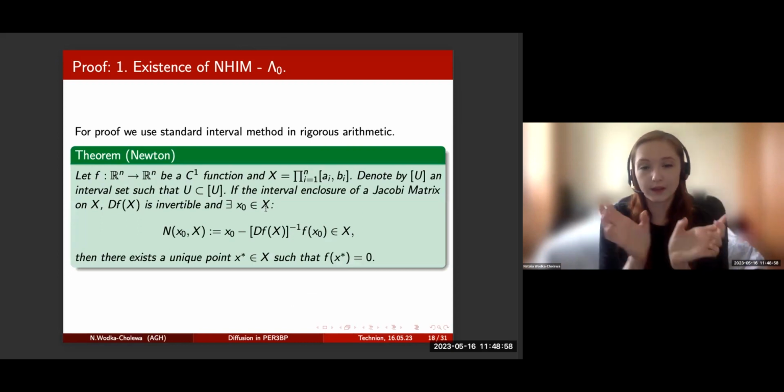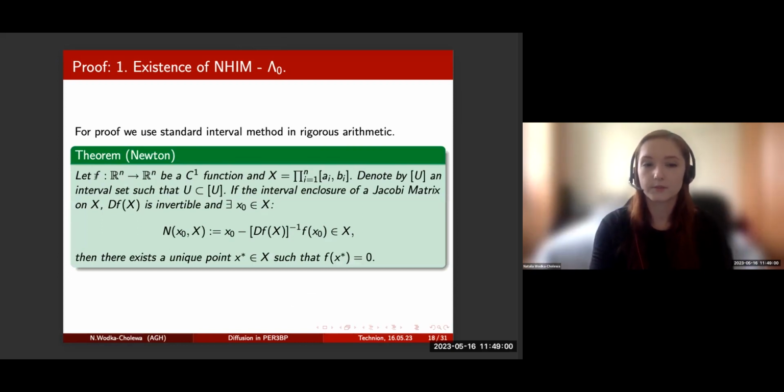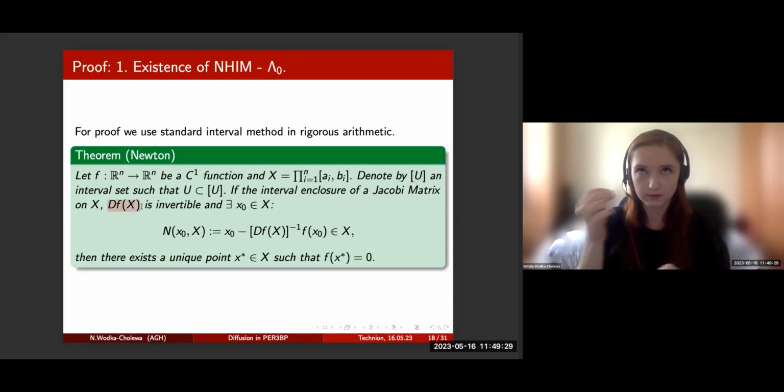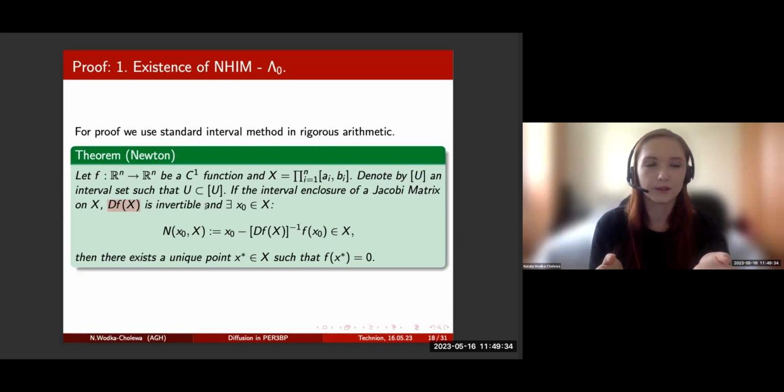So you take some interval. So we have some function, okay, and it's a smooth C1 function, and you take some n-dimensional cube, and by this you take the interval containing this u, so some set u. So if the interval enclosure of the Jacobi matrix is invertible, so you can invert this. It's a matrix of derivatives, right?